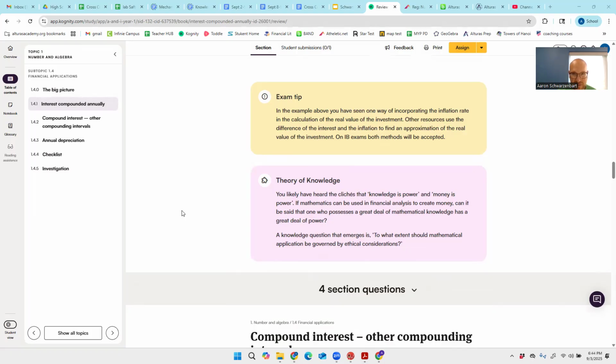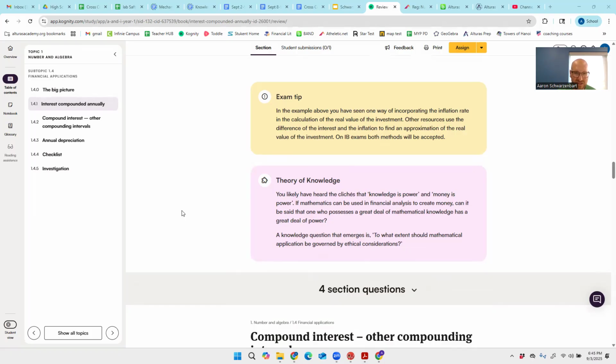On IB exams, both methods will be accepted as long as you get it correct. There's a lot of things to remember for these exams, so try to remember any method as long as it's correct.